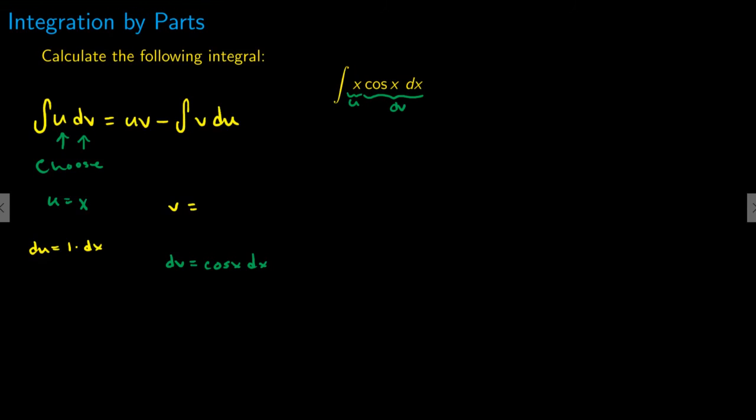And so we're going to get the integral of x cosine x dx is equal to u times v is just x times sine x minus the integral of v du, which is just sine x times dx.